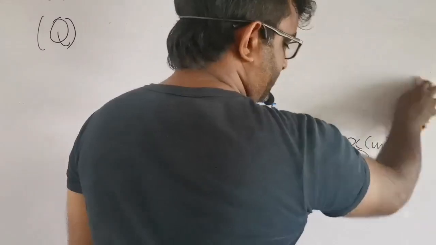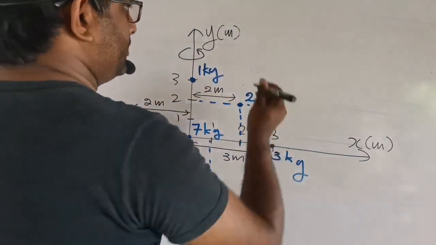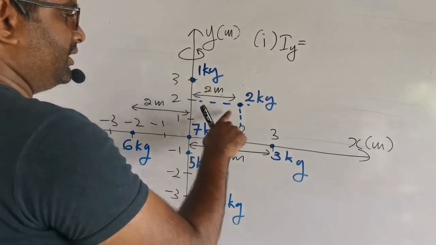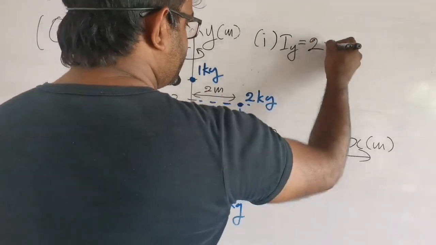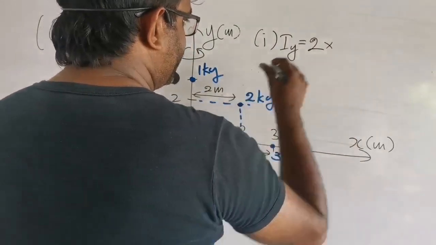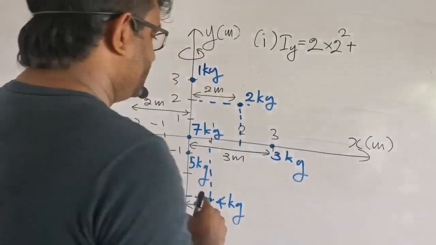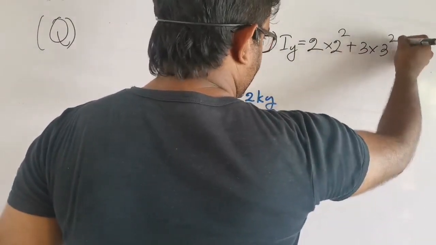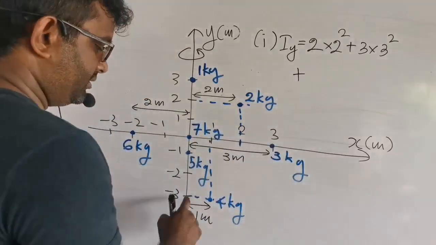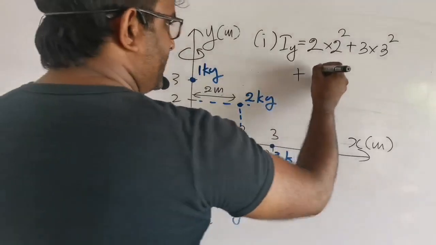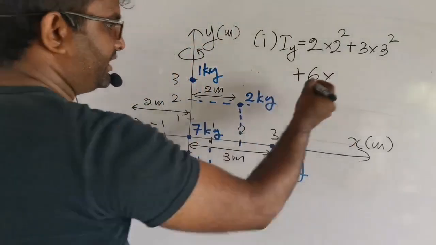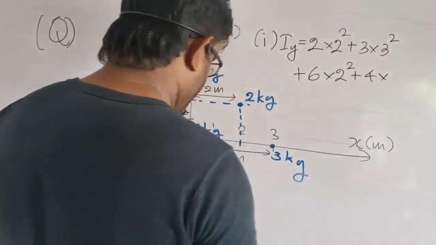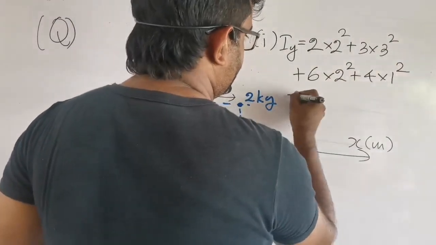Okay, then we consider this one, Roman number 1. Iy equals, now we write m r squared: 2 with perpendicular distance 2 squared, then second mass 3 with perpendicular distance 3 squared, plus this third one, mass 6 with perpendicular distance 2 meters, 2 squared, and 4 into perpendicular distance 1 squared.